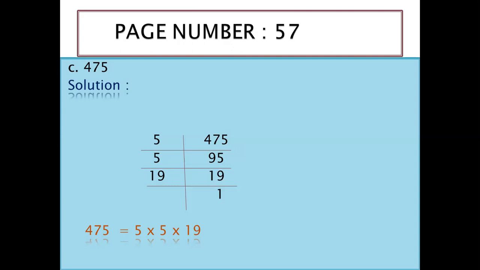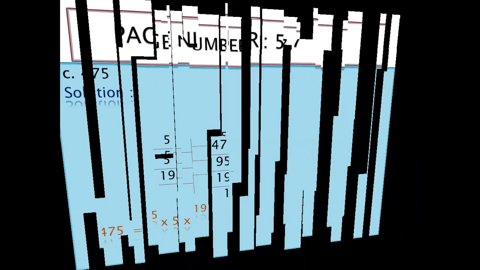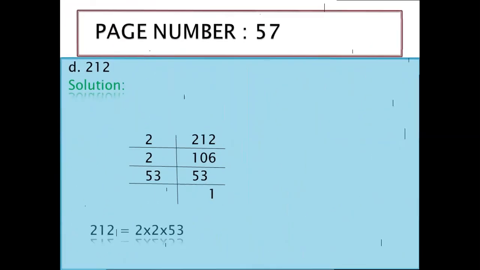Come to part D. 212. Again at the ones place there is 2. It means that we will start the division from 2. When we divide 212 by 2, what will be the quotient? 106.